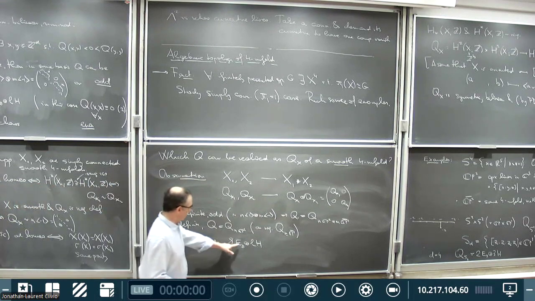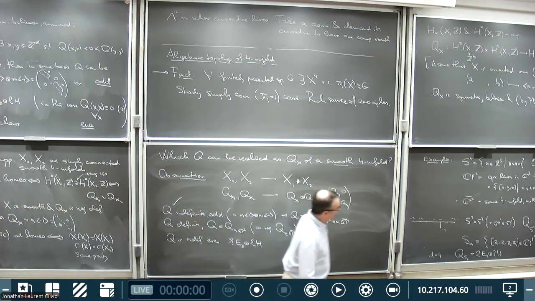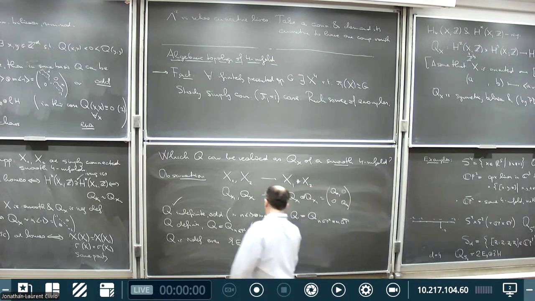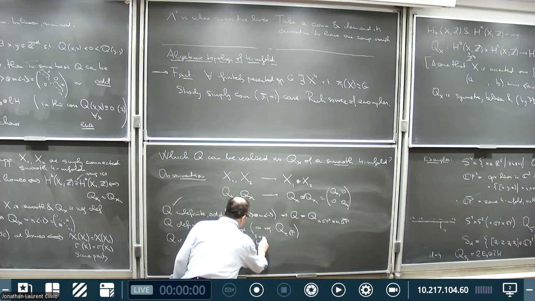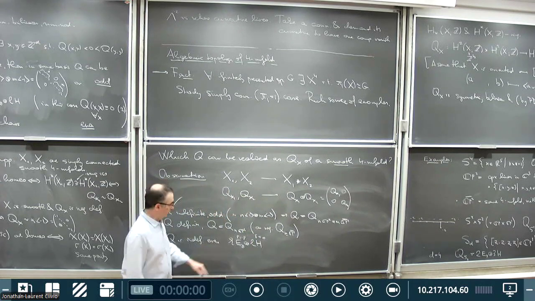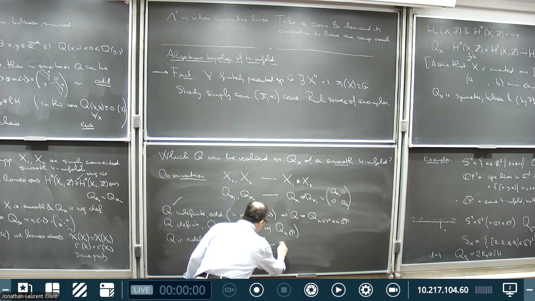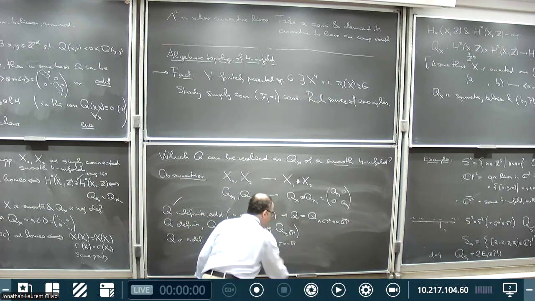Let's see what the signature is here. H is just this matrix, and it takes a little bit of thinking to see that it has both positive and negative squares. So the signature is 0 here. The signature is -8 for the E8 matrix. So altogether, the signature is -8k.